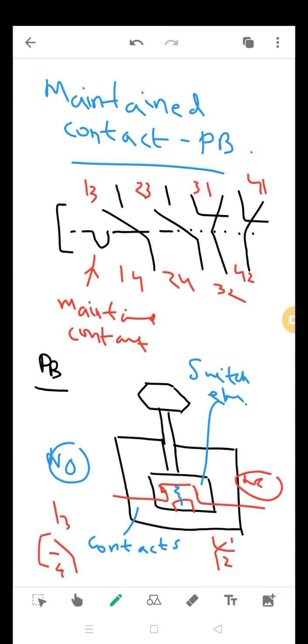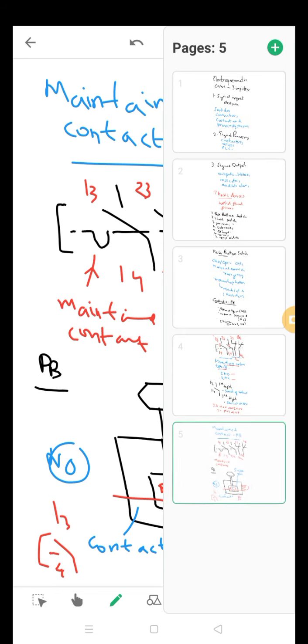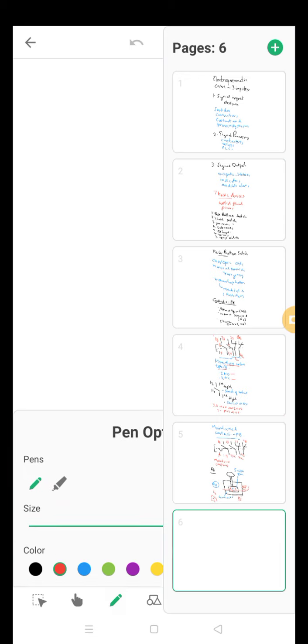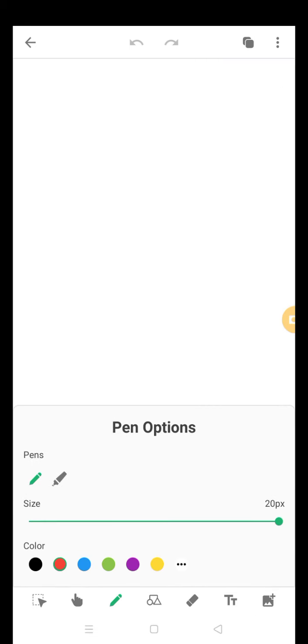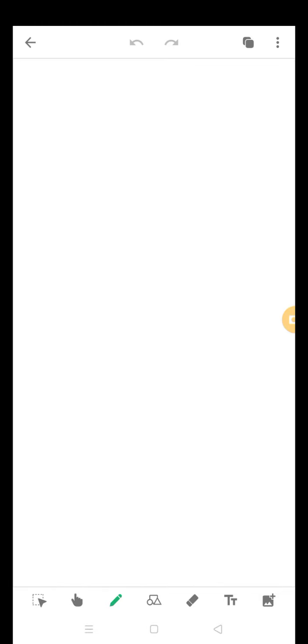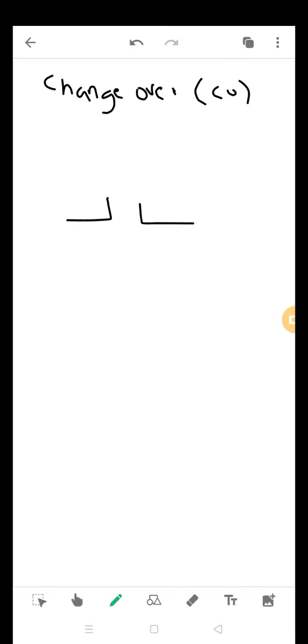Whereas there is a changeover position, which is like this. This is when we are dealing with two different switches.